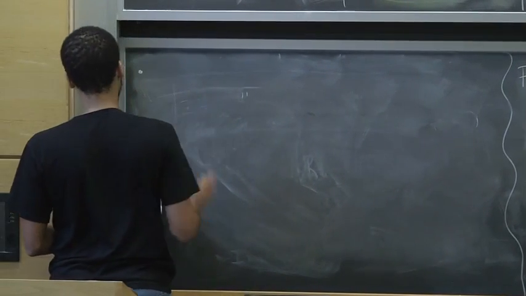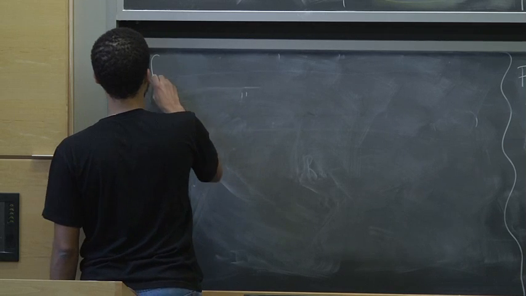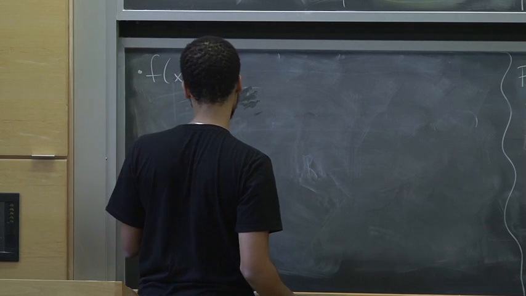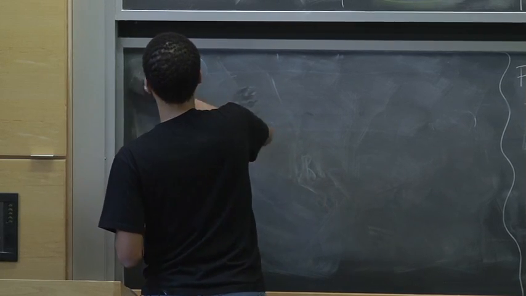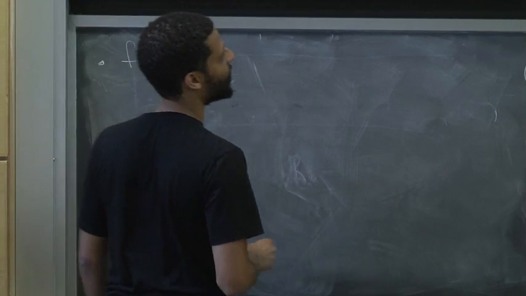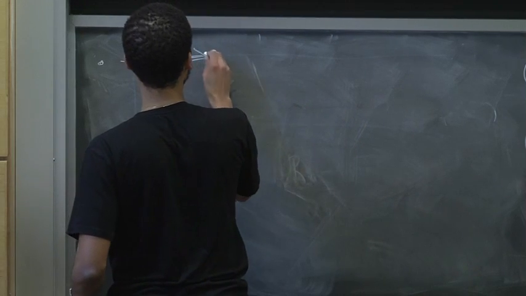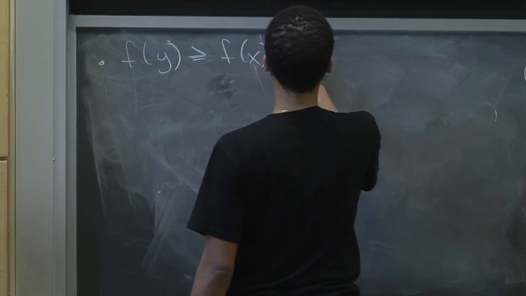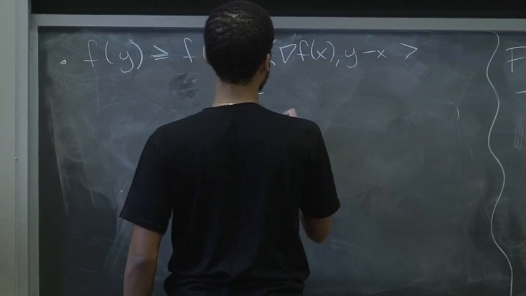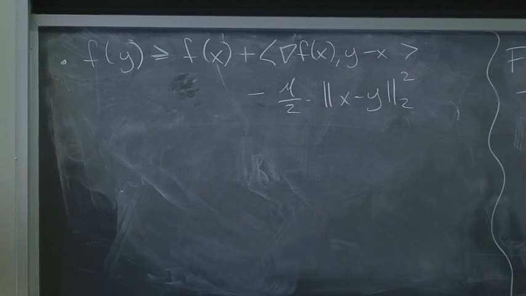So we also have that for any y, f of y is at least f of x plus the gradient of f at x, y minus x, minus mu over 2 times x minus y, L2 norm squared. This is true for all x, y.